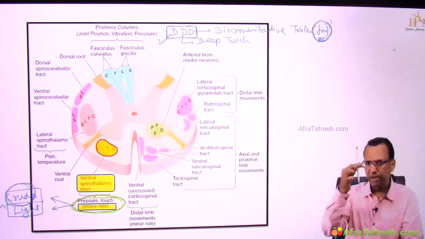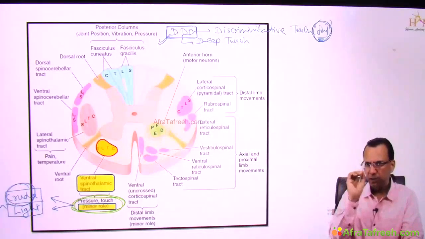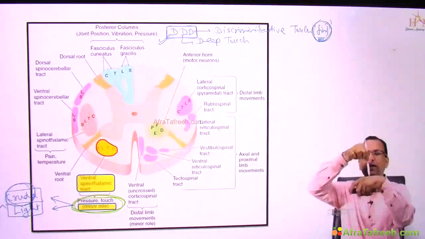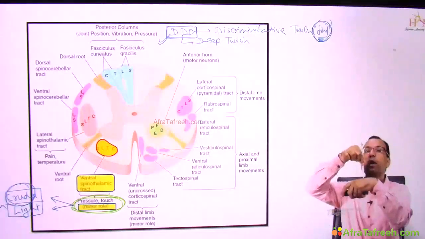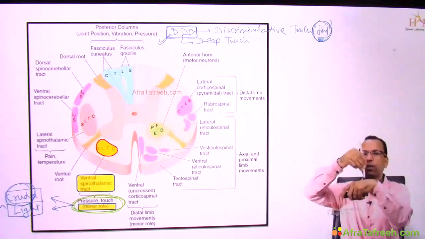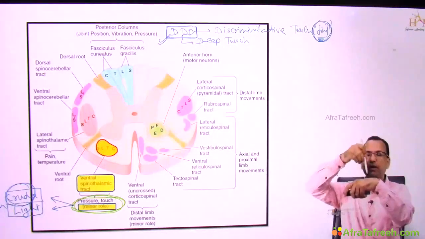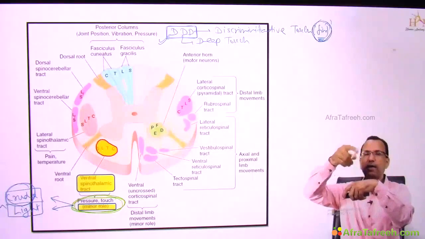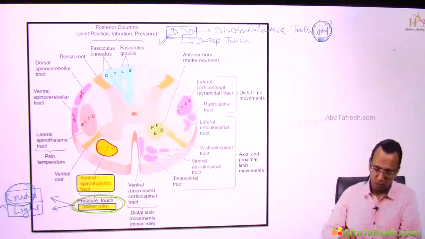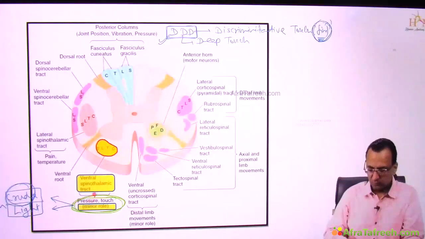Take a pencil. The tip of the pencil is fine touch, because you are touching one point. What if you touch with a rubber? Then you are touching a wide area. It is crude touch. Touching one point is fine touch, and touching a wide area is crude touch. So who carries the crude touch? That is carried by the anterior spinal thalamic tract.